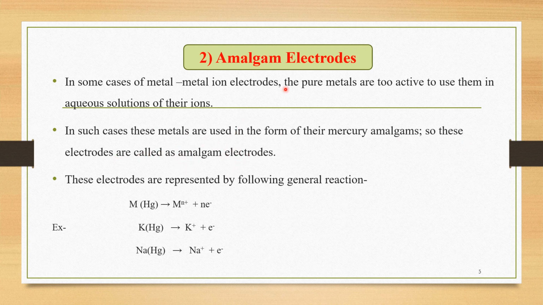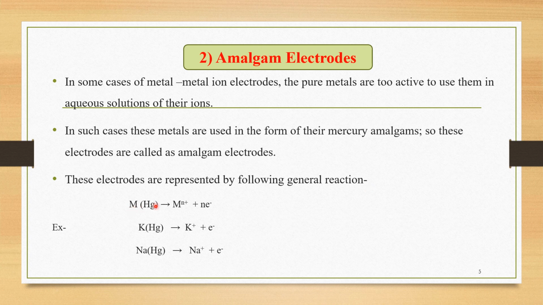In order to take into consideration the higher activity of these pure metals, we have to use these metals in the form of their mercury amalgams, and that's why these electrodes are called amalgam electrodes. These electrodes are represented by the following general reaction.